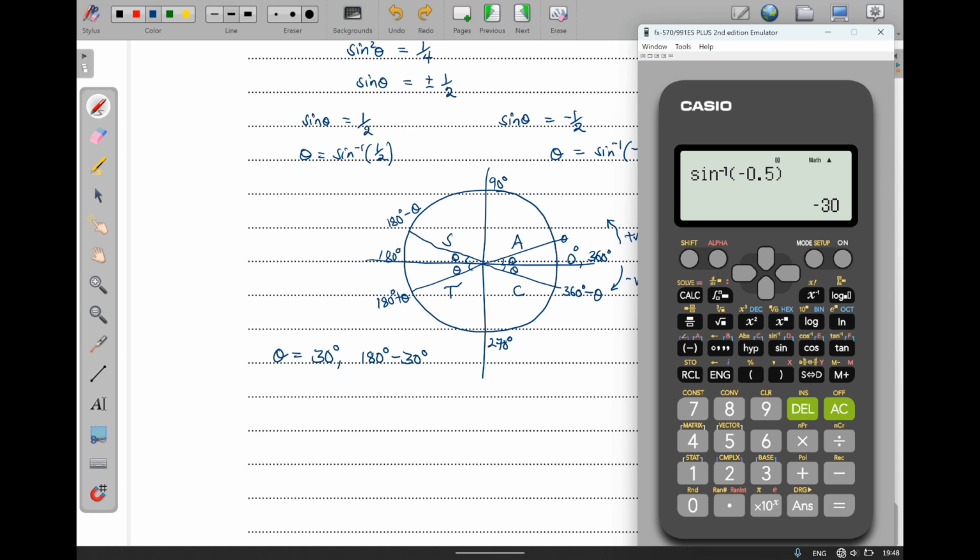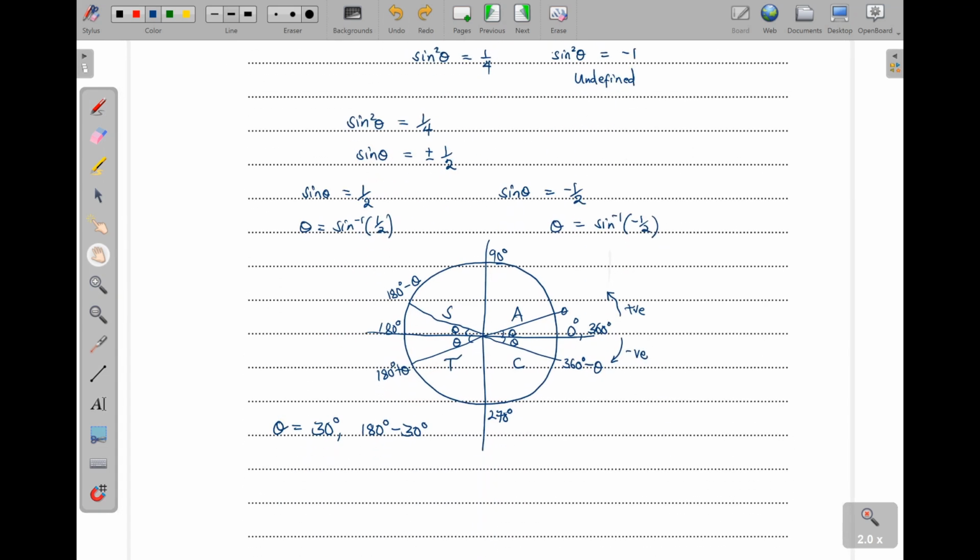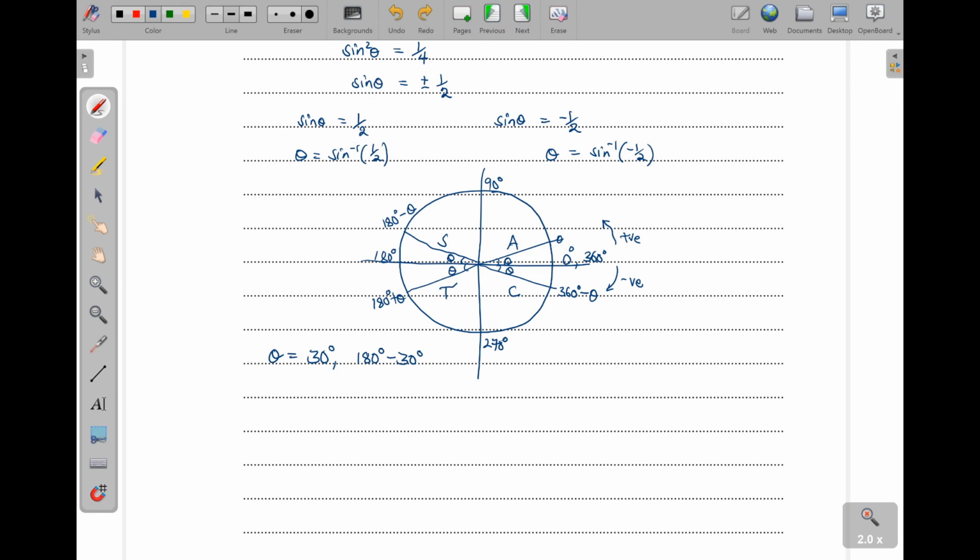But I don't have the 30. I mean the angles which are negative. Based on the domain which is given to me here, okay, they are positive angles. So what I always recommend is that ignore the negative. When you ignore this negative, you are going to get the 30, which you have gotten from this, okay? Then from there, you go to the quadrants where sine is negative. So sine is negative, okay, in which quadrants?